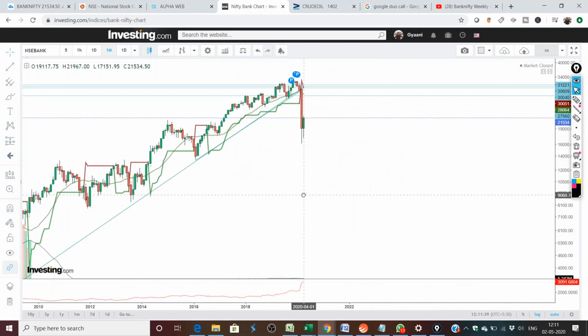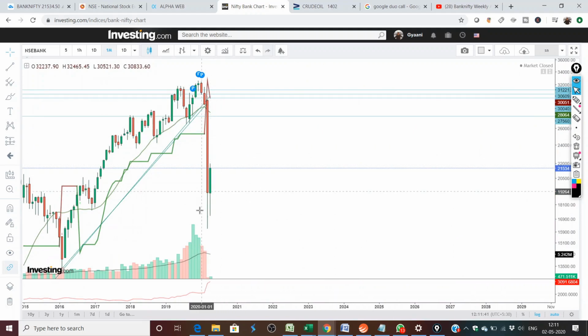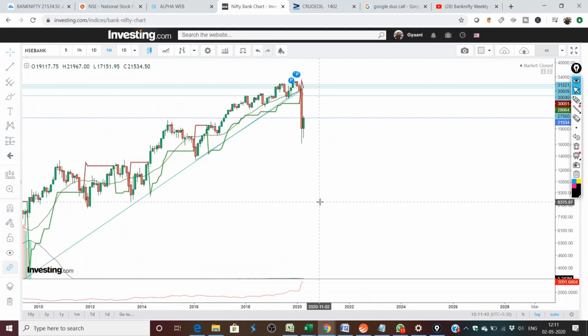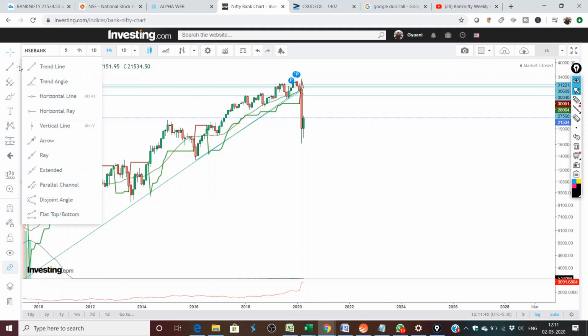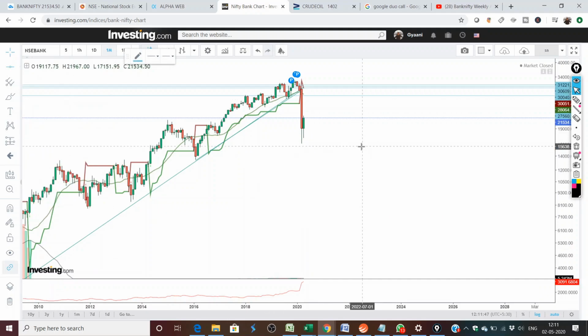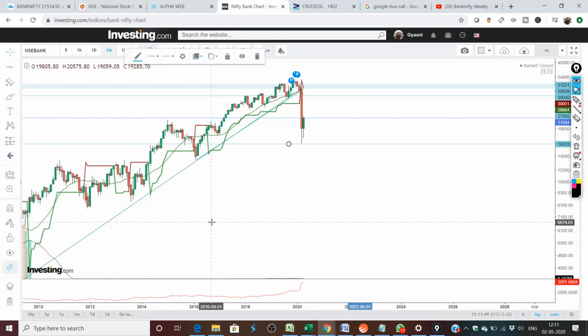The market has clearly broken this trend and come down from this level. Now let's mark the lows of this month. Let's mark this low. This will be our next level of support for any kind of bounce. The market has retraced after a big fall. It's like a dead cat bounce, they call it.